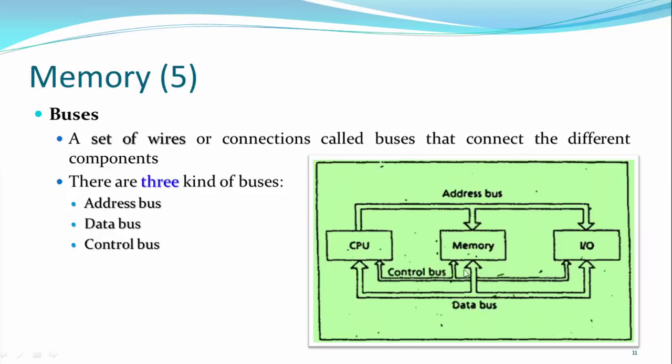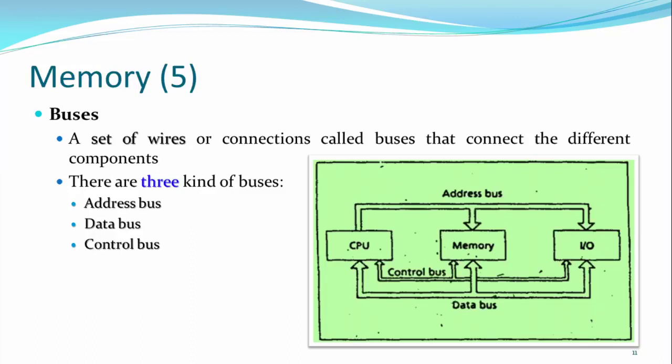The control bus has control over the address bus as well as the data bus. It basically checks the status, whether it is ready for transferring the address or the data or not. That sort of control is done by the control bus.